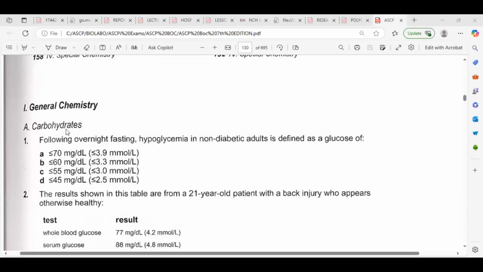If you remember in our notes, under carbohydrates, we mention 50, because in most books you find 50, between 50 and 55. That's when you say someone is having hypoglycemia after overnight fasting.